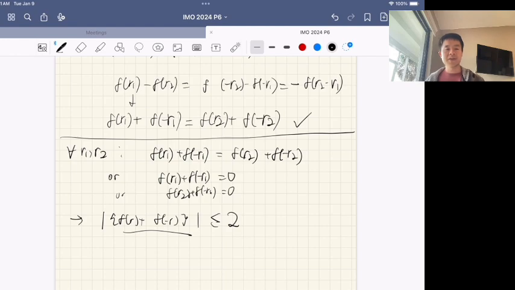So as I said before, we have already shown that the size of this cannot be more than 2. But this is not enough to solve the problem, because we need to either show that we can keep improving the bound to maybe 1, or we can show an example where we can achieve 2.